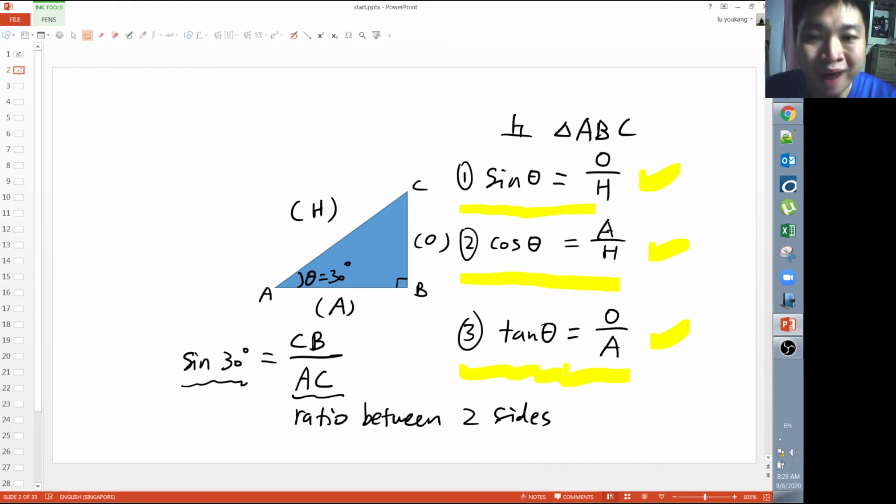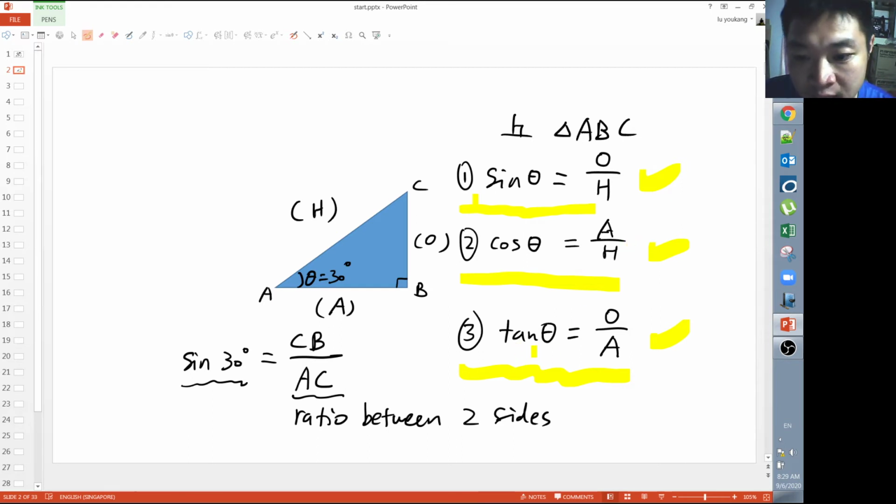So what these three rules are about is, if you take sine of an angle, you get a ratio between two sides. Similarly, if you take cosine of an angle, you will get a ratio of two sides.